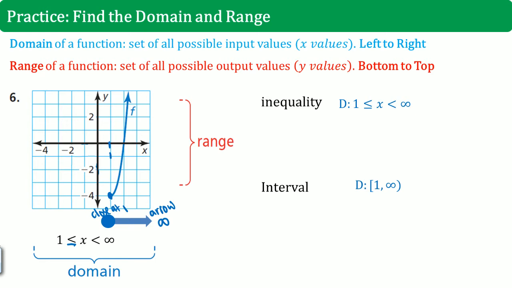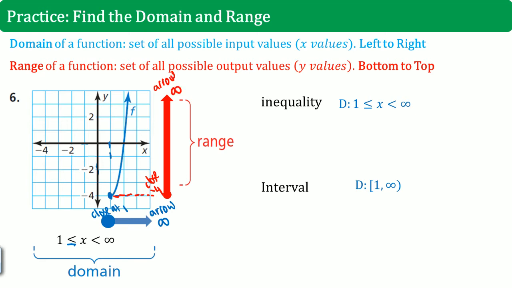Let's look at the range. The range is when we look up and down. We saw here it stops right here for the range, and that is a value of -4, and it's closed here at -4. It goes all the way up, the arrow goes all the way up to positive infinity.